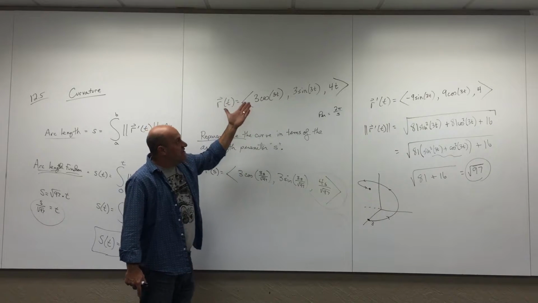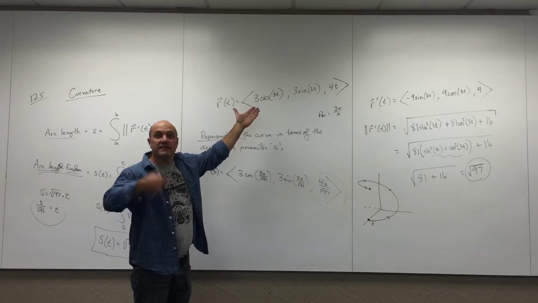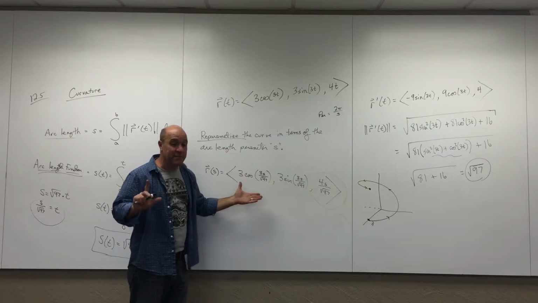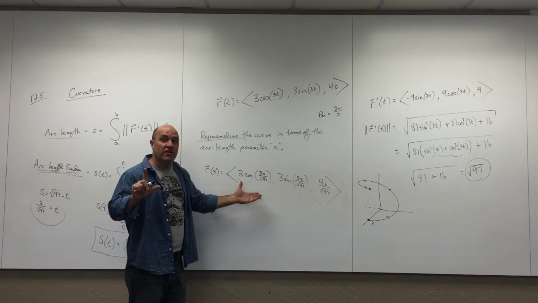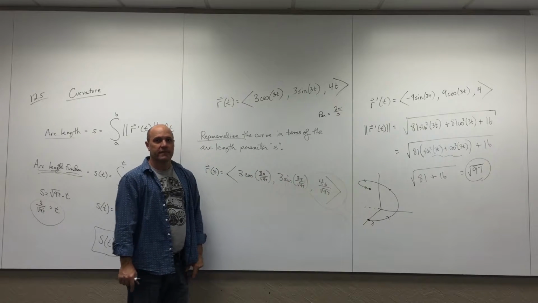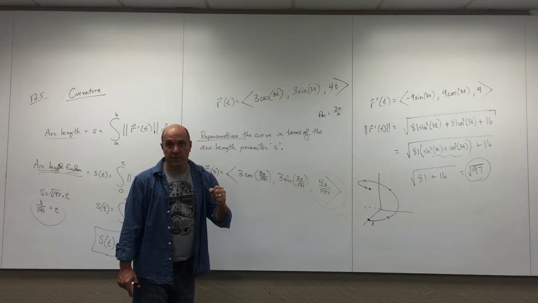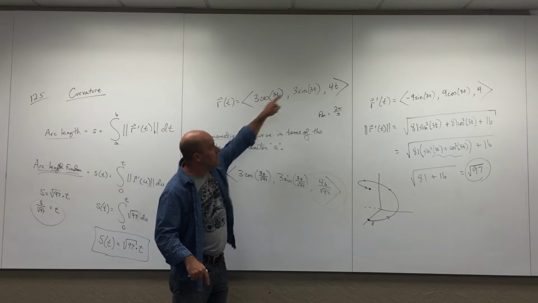This is a position function. It's a helix. It's a position function given the time traveled. This is a position function of the same helix, but given the distance traveled. So find your position after traveling 2 seconds, you plug a 2 in there.